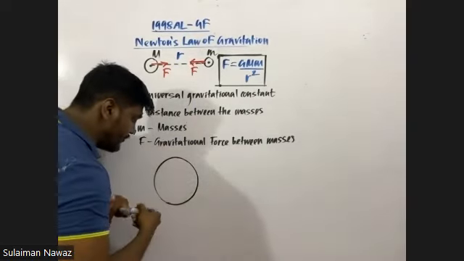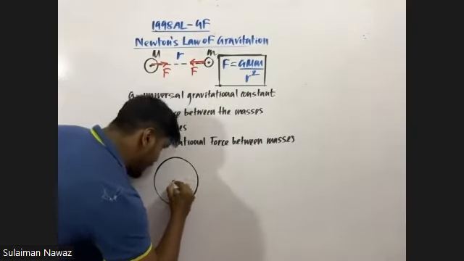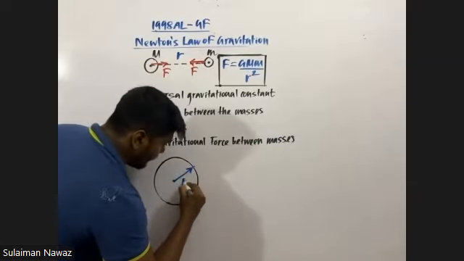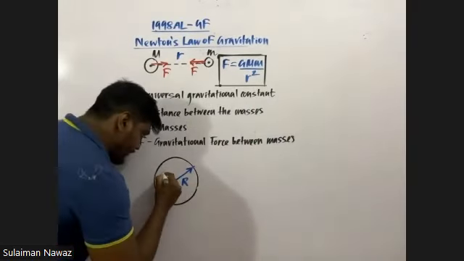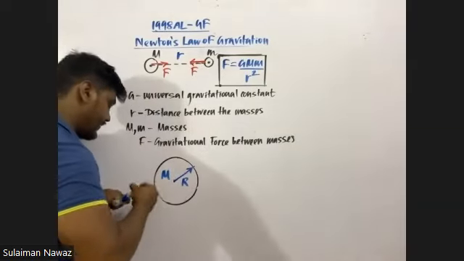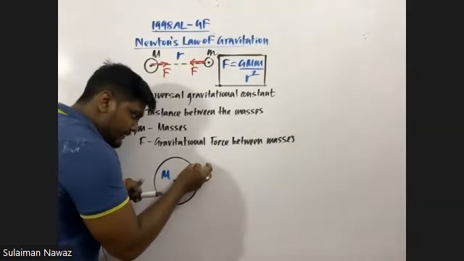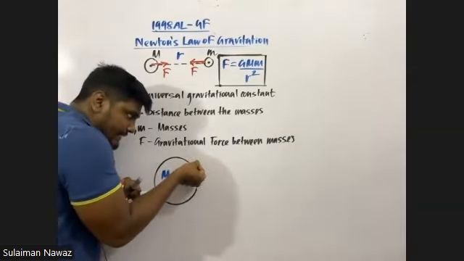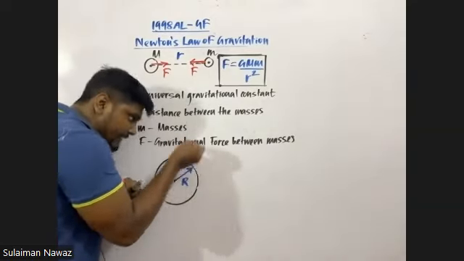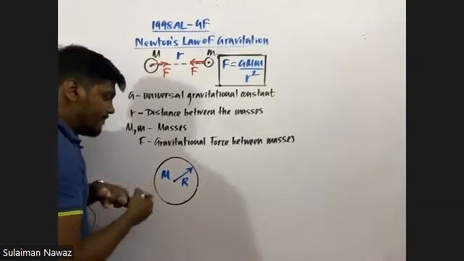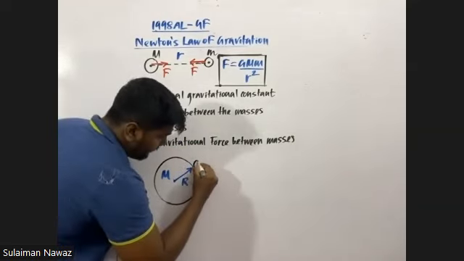Radius of the earth, I say capital R, and let's say mass of the earth, capital M. Just think about a mass on the surface of the earth. Just consider mass, simple m.